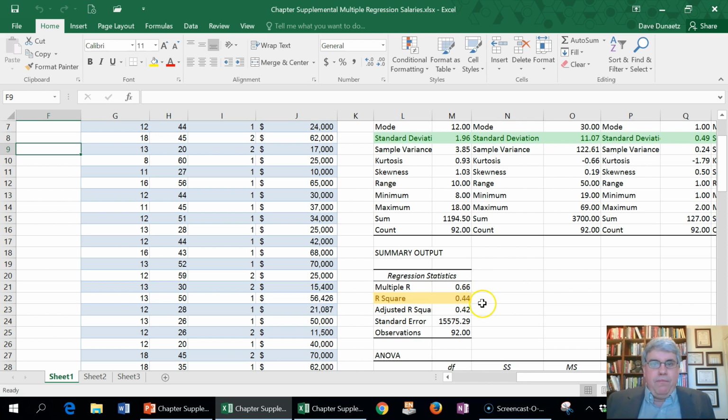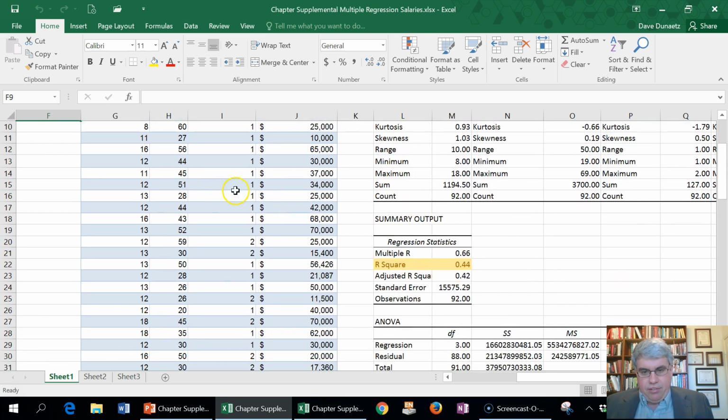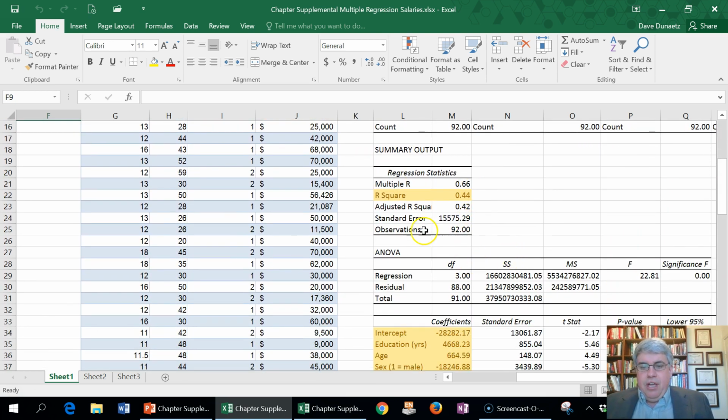That means 44% of the variance in yearly earnings could be accounted for by education, age, and sex. And now that we can do significance testing, first of all, we can look to see if the entire model is significant, and that's what this significance of F means.